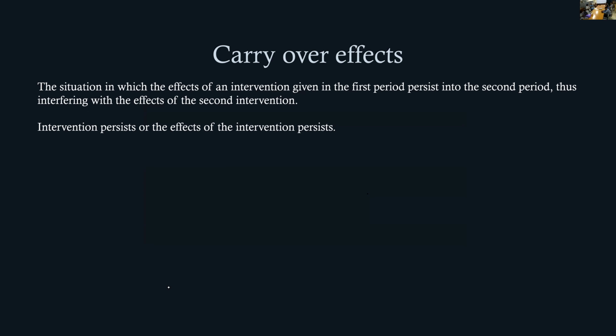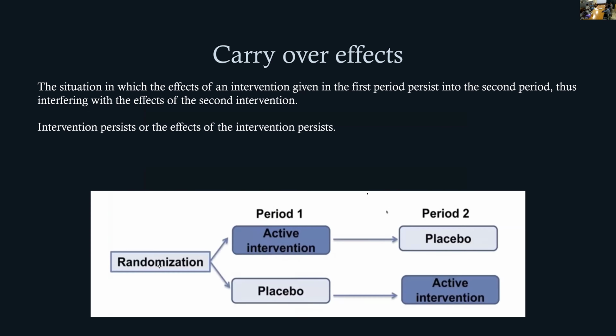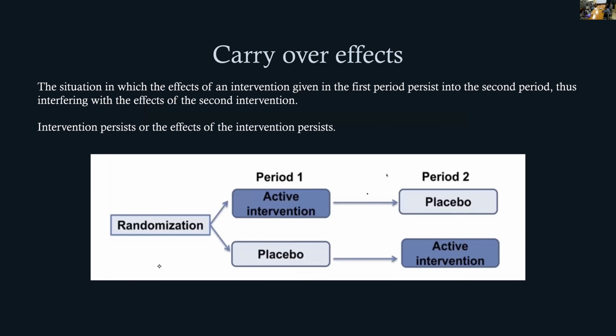Now second is the carryover effects. So carryover effect is a situation in which the treatment which is given is carried over from the first period to the second period. So it interferes with the second intervention. Now, similar example, randomized into 2 groups, 2 periods. Suppose first is active intervention, second is a placebo.